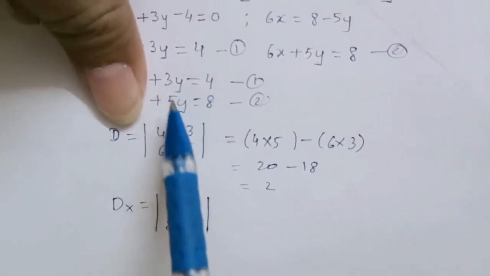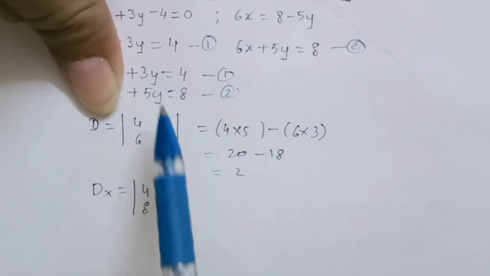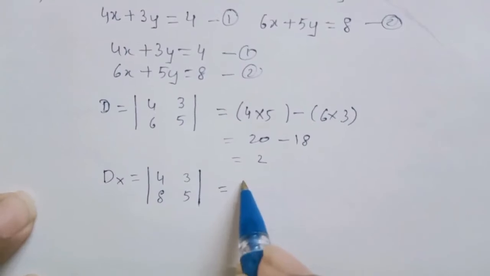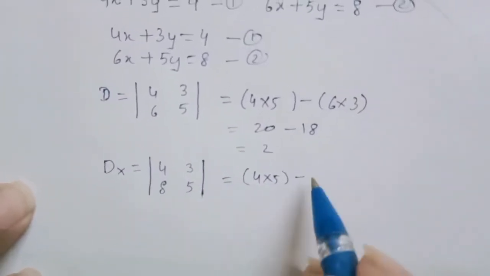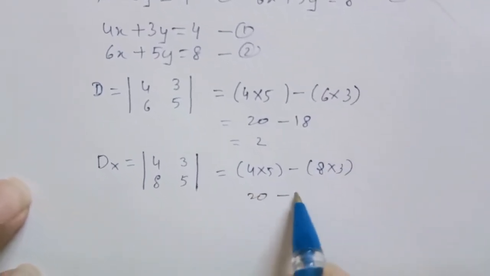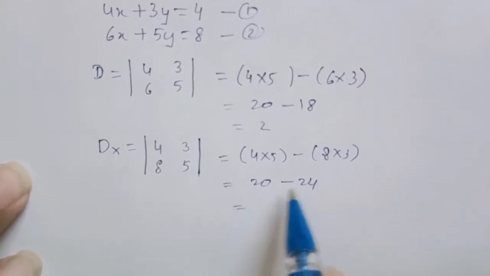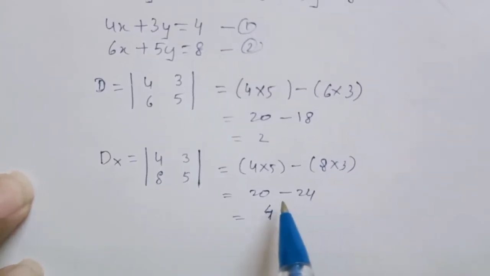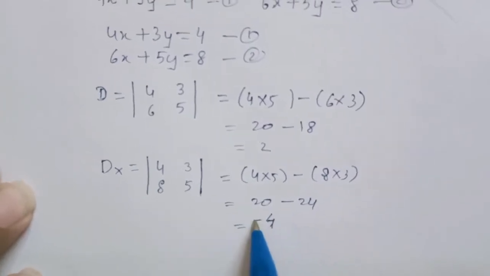Now we can see 3, 5, 4, 8. We write 4, 8 first and then 3, 5, and solving in the same manner we get 4 into 5 minus 8 into 3. So 4 5s are 20, minus 8 3s are 24. 24 minus 20 is 4, and we put the sign of the bigger number, that is minus, since 24 is the bigger number.